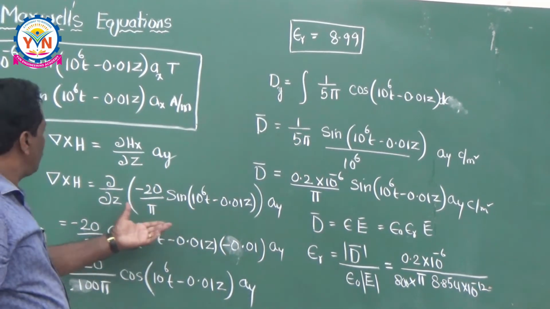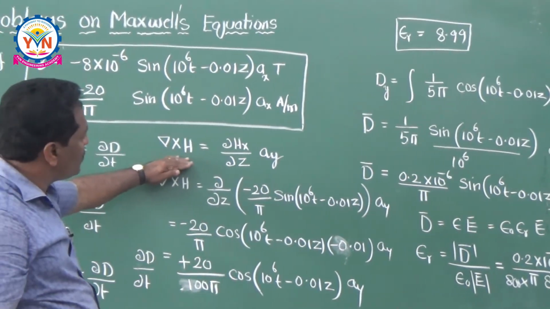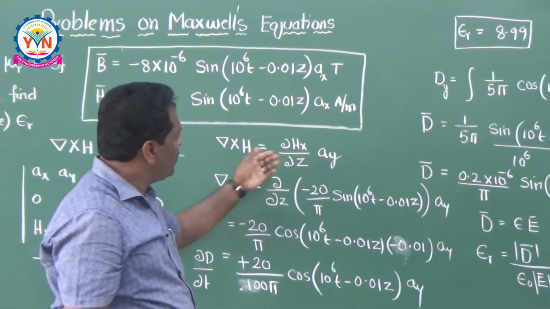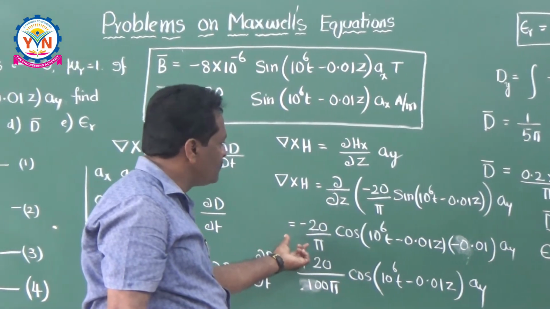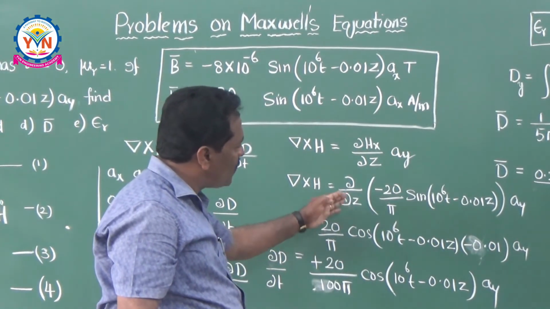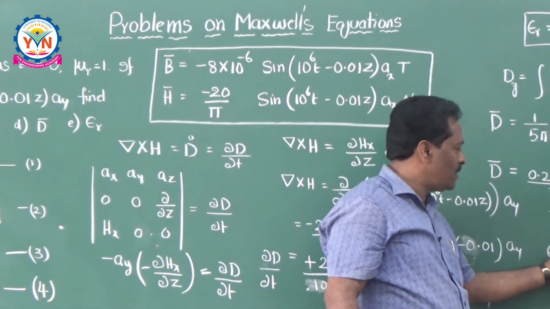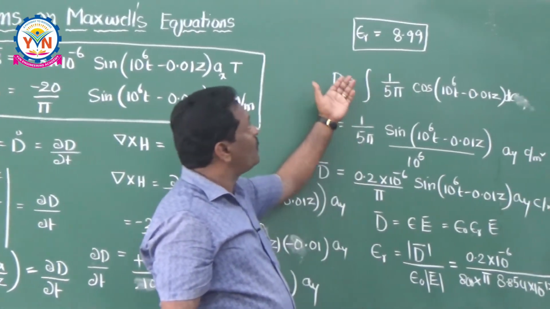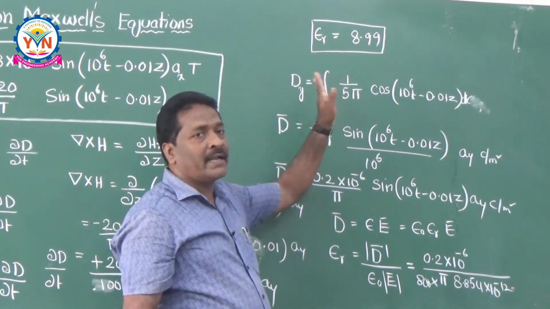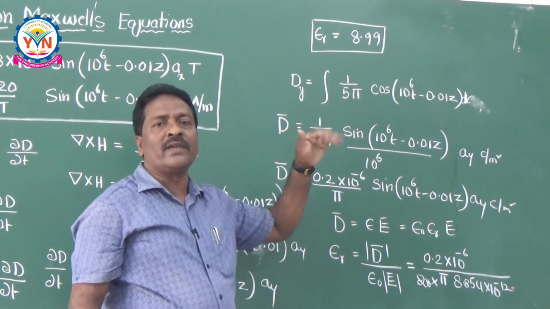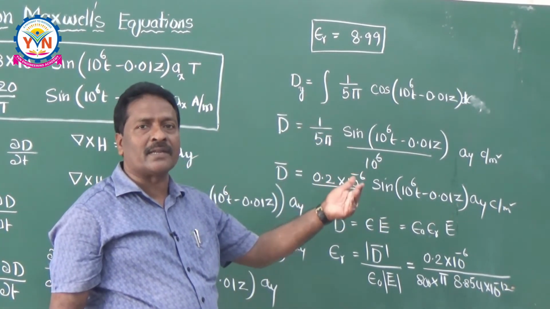So very simple. We have taken del cross H is equal to dou D by dou t. We have expanded del cross H here, and if you know small differentiations and integrations, you can do this problem like this. So finally, we got the relative permittivity equal to 8.99. That means we can say that it is a perfect dielectric material.